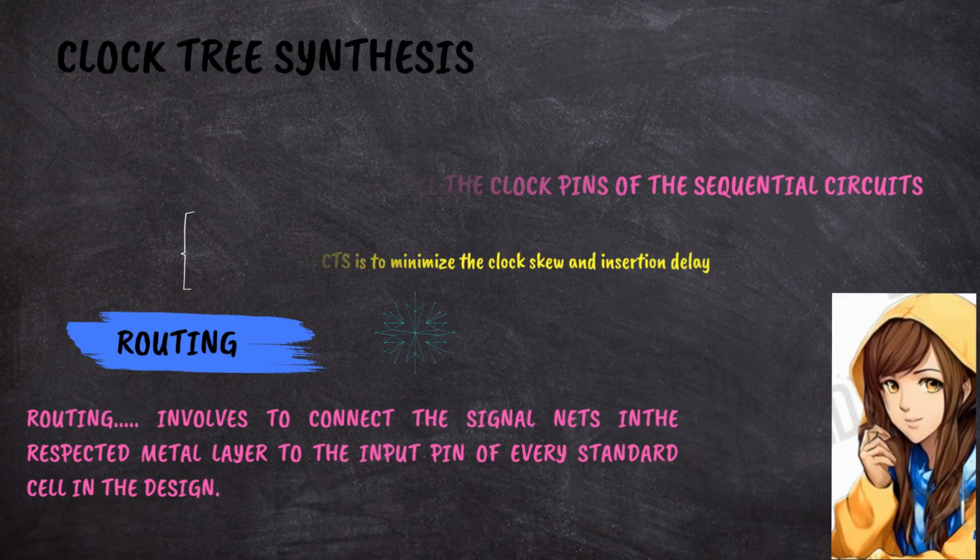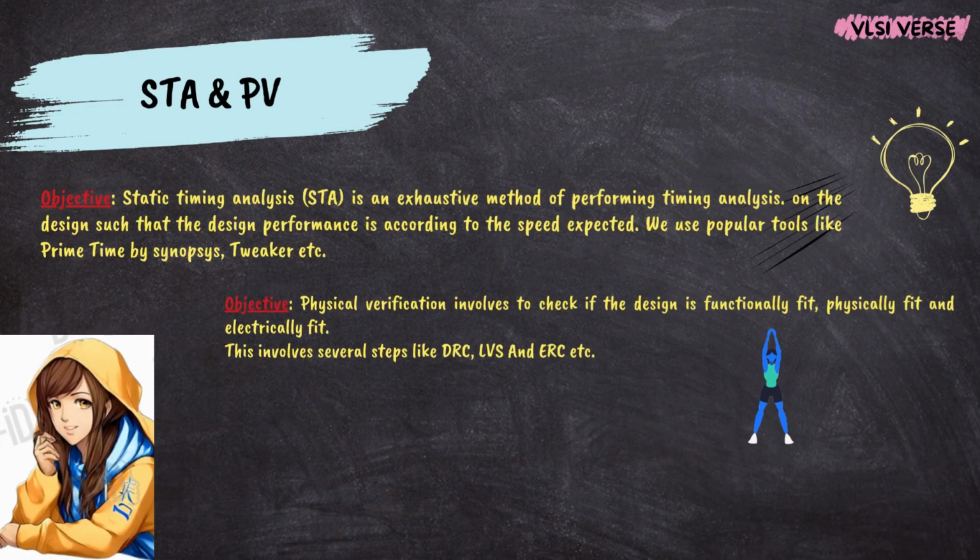With routing completed, we move on to verification stages, starting with DRC and LVS. Design rule check. DRC ensures that the layout adheres to the manufacturing rules like minimum spacing between wires. Layout versus schematic. LVS verification checks that the physical layout matches the original schematic. After verification, we perform timing analysis and optimization.